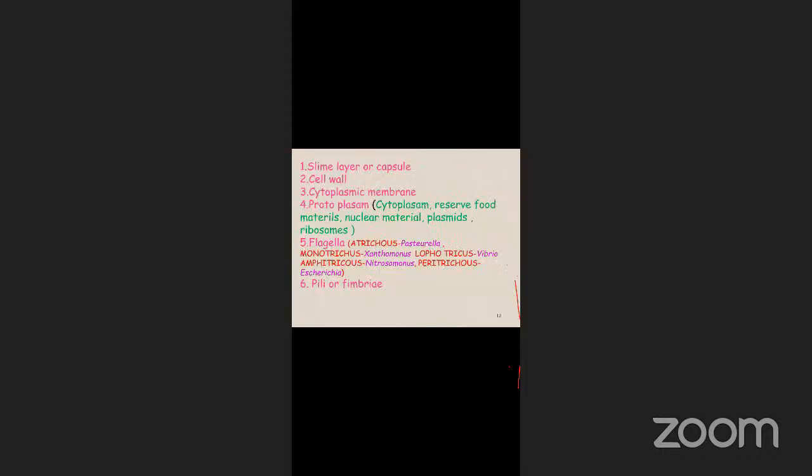Next, the cytoplasmic membrane, the third one. You observe the diagram also. The cytoplasm is surrounded by a thin membrane.